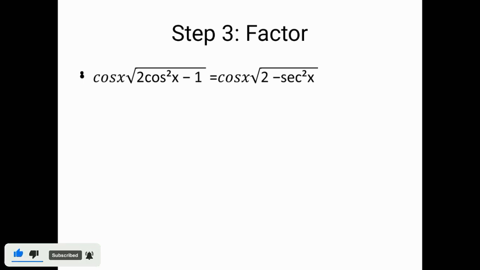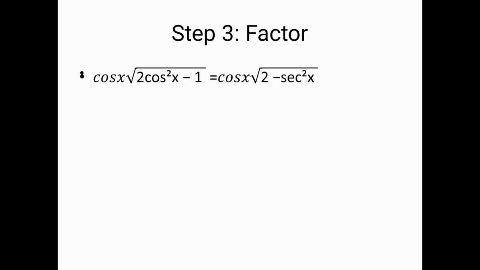Remember that we have cos x times the square root of 2 cos square x minus 1. Then try to factorize cos square x; in evidence will remain 2 minus 1 over cos square x, where 1 over cos square x is equal to sec square x.